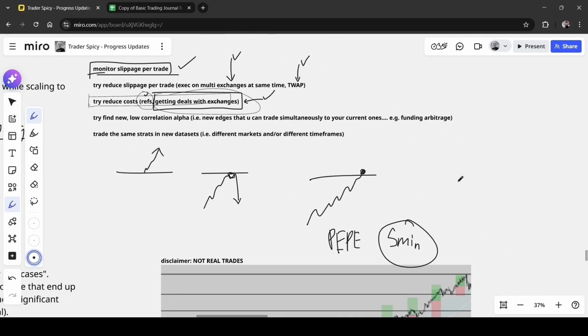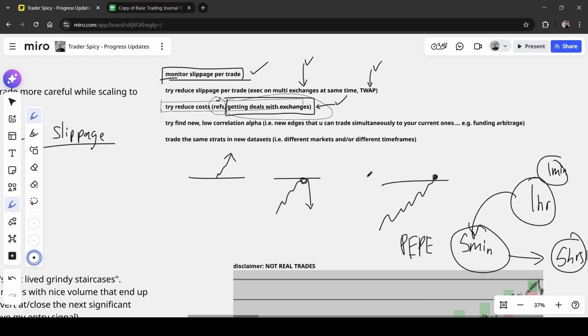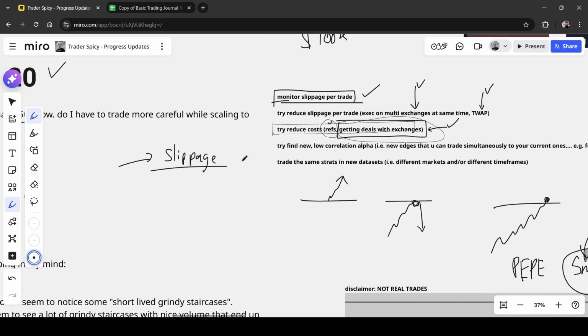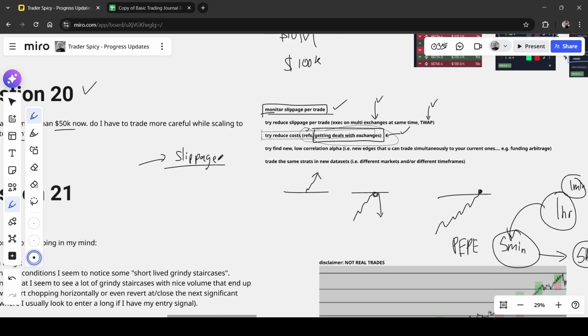So if your average trade duration is 1 hour on the 1-minute time frame, and you take the exact same trade on the 5-minute time frame, then it might take 5 hours before price hits your target, right? But you can still do that. You can absolutely experiment like that. That way you can still get more trades without destroying yourself to slippage.